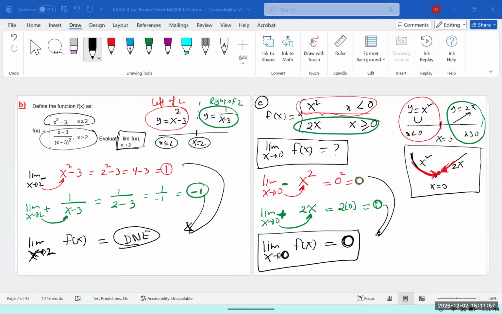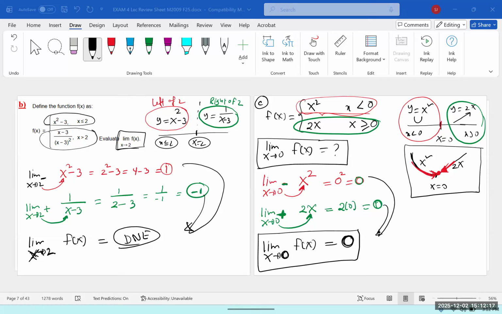Now, what do you think? Are you guys still confused? So what you're solving for? You're solving for the y value.